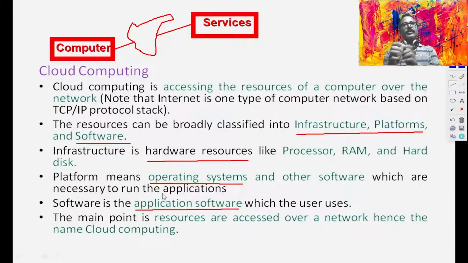If you access operating systems or platforms, then it is called platform as a service. If you access applications, then it is called software as a service. So infrastructure as a service, platform as a service, software as a service.